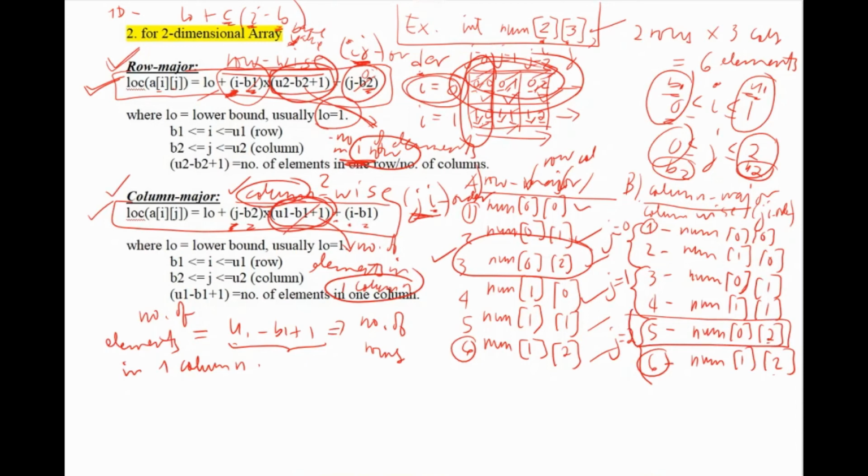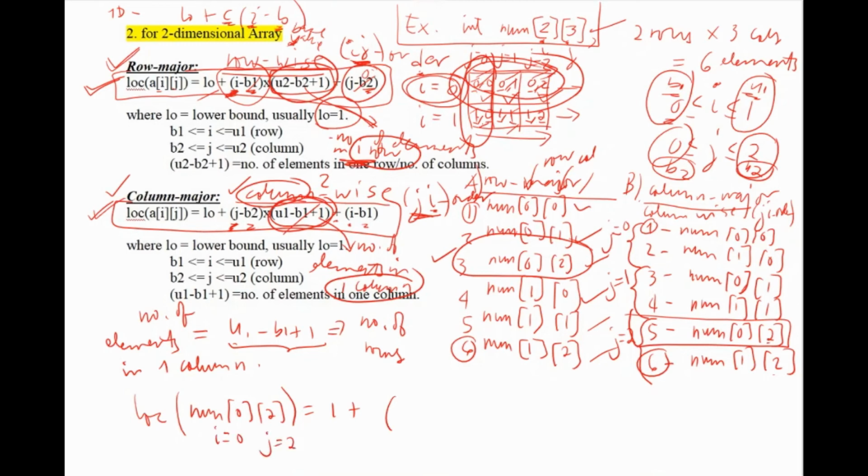So let's find out if we get the same value 5. Using now the addressing function formula for column major, locate num02: L sub 0 is 1 plus, our I here is 0 and J is equal to 2.